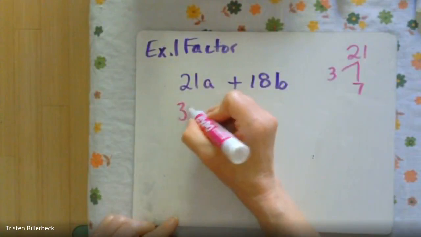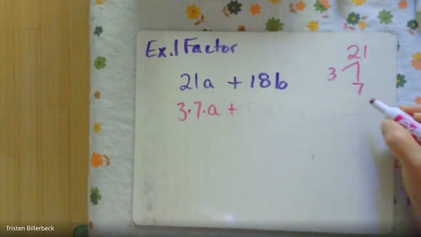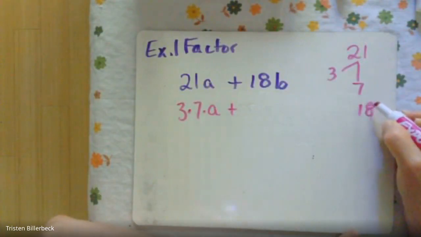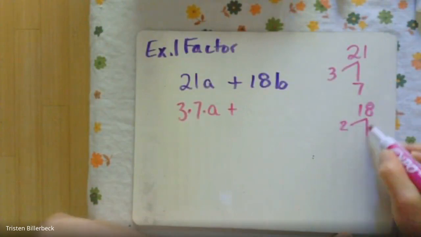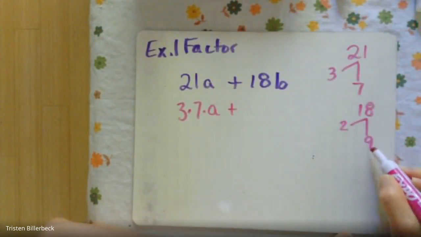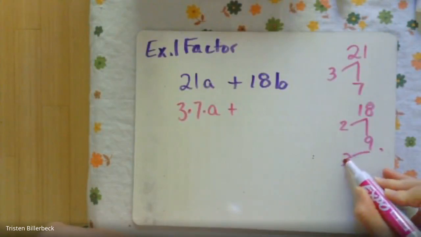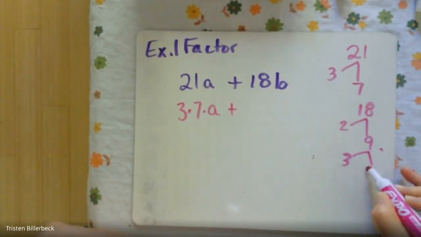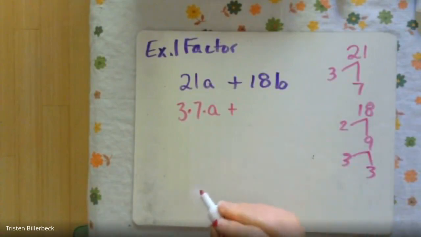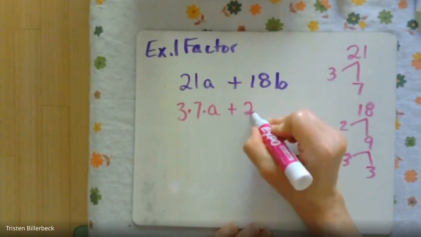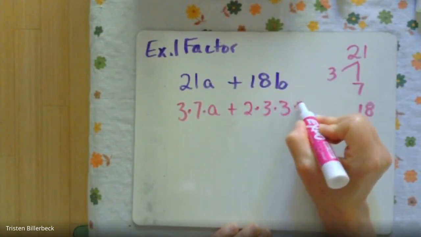So we have 3 times 7 times A, plus, and then we have 18. 18 is even, so it's divisible by 2. 18 divided by 2 is 9. 9 is definitely divisible by 3, and that leaves us 3. So now all of our numbers are prime factorized, so we can write 2 times 3 times 3 times B.